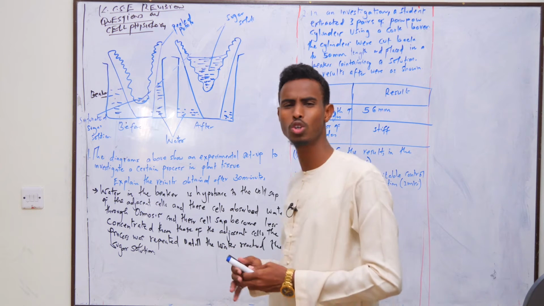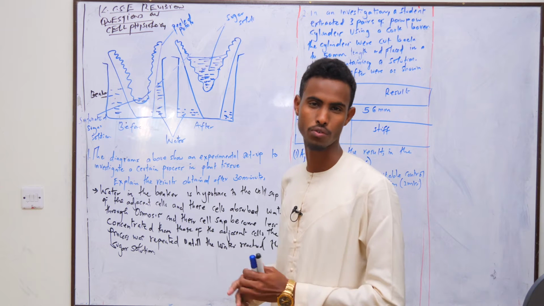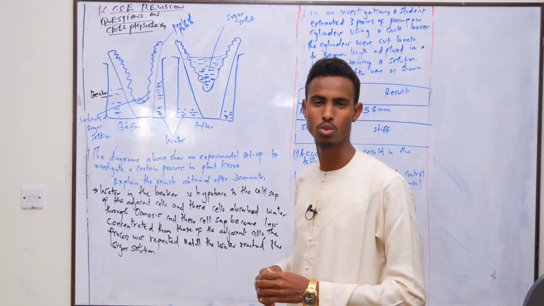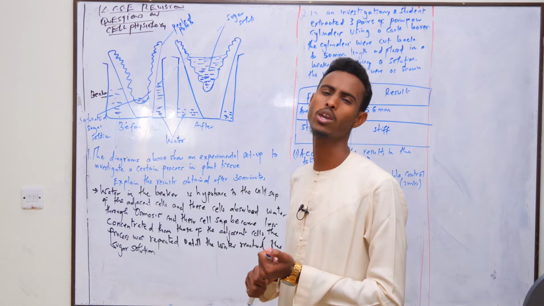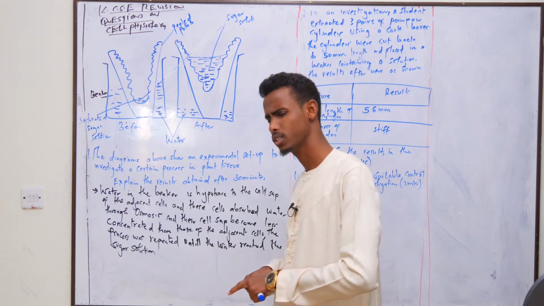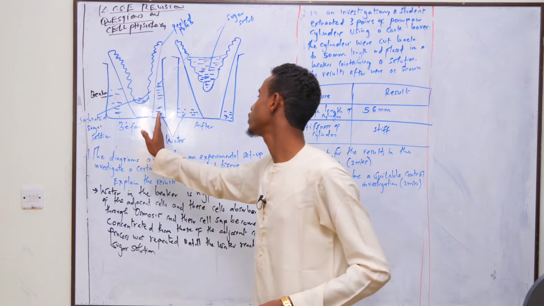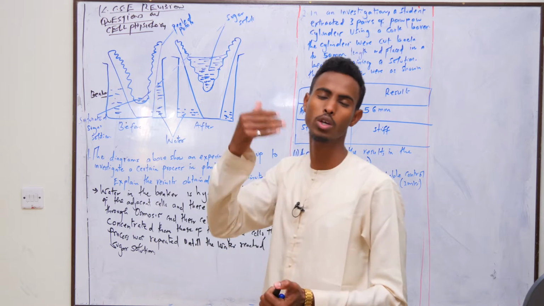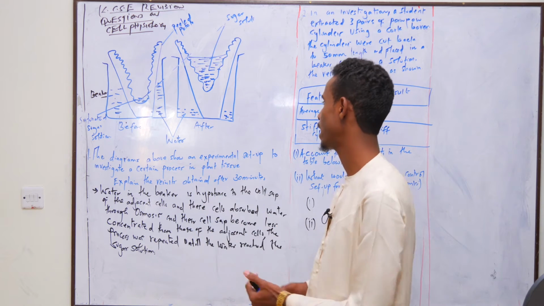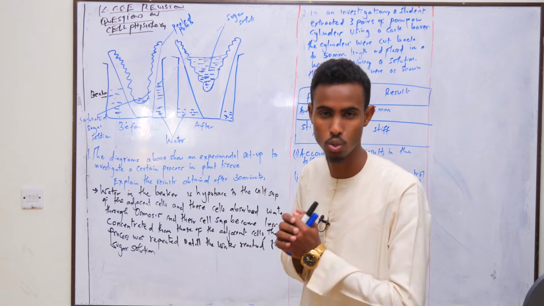Now, class, what we know is that the process of osmosis basically involves movement of water molecules from a region of high water concentration to a region of low water concentration. And therefore, class, we can see that the water in the beaker has high water concentration as compared to the cavity containing the saturated sugar.